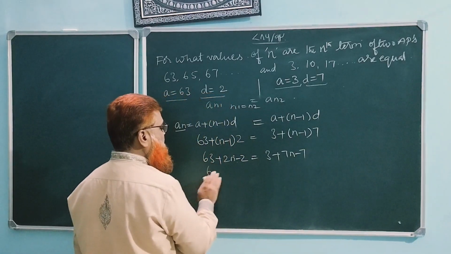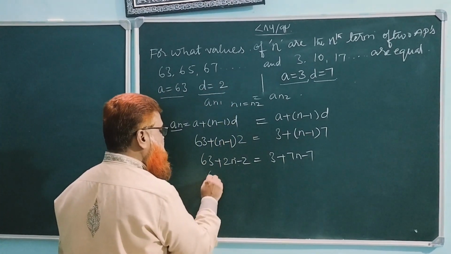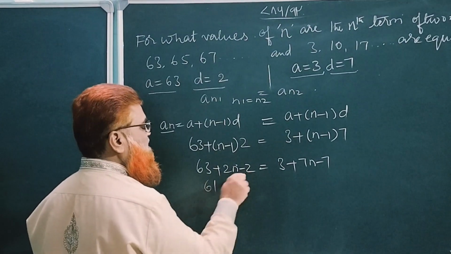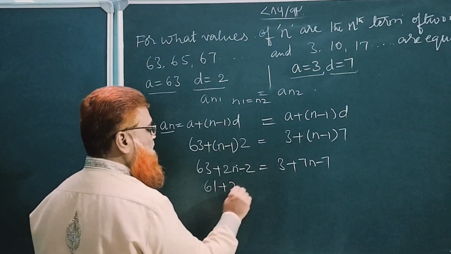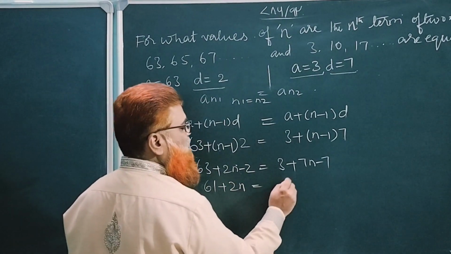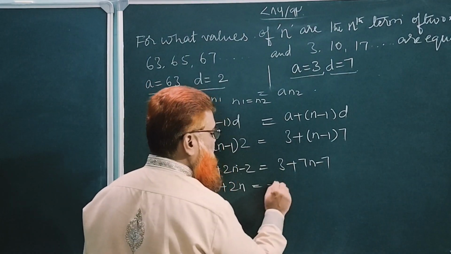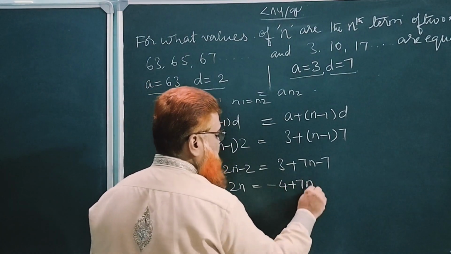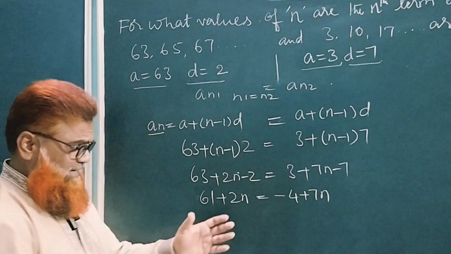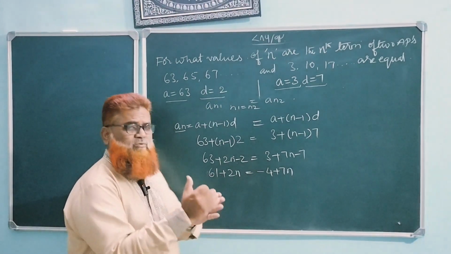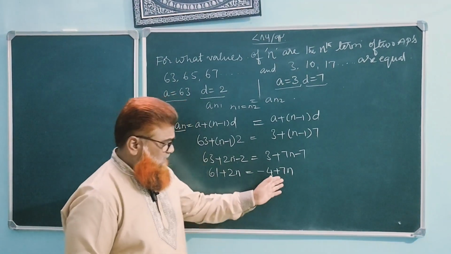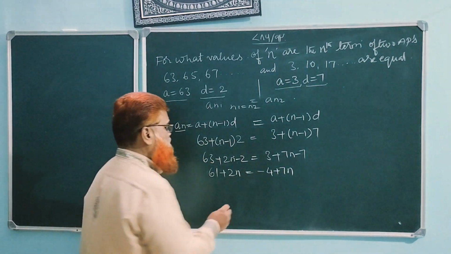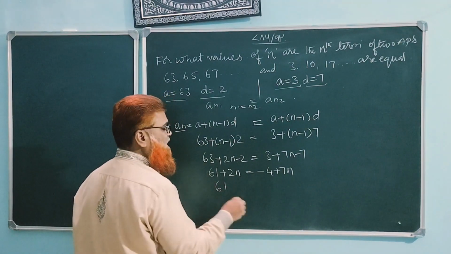Now 63 minus 2 will be 61 plus 2n is equal to 3 minus 7 is minus 4 plus 7n. I take the constant to one side and the variable to the other side. So I will take 61 here.